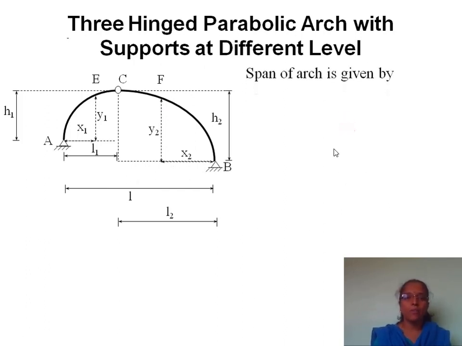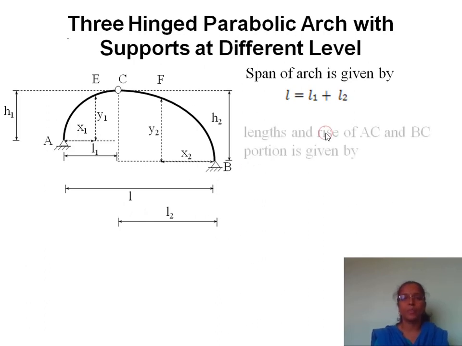The total span is L, that is the summation of L1 plus L2. You can observe here L1 is the distance of the AC portion and L2 is the distance of the BC portion. Therefore the span of the arch AB is equal to L1 plus L2.